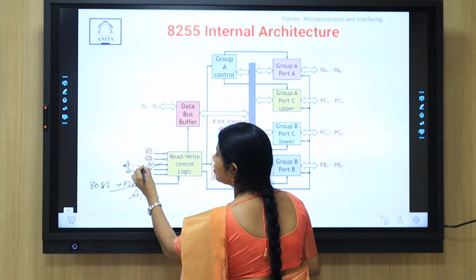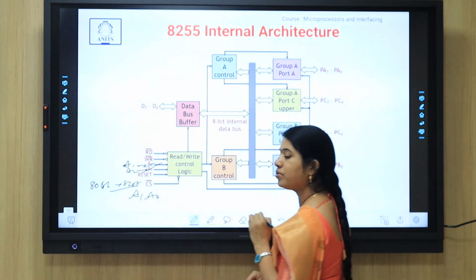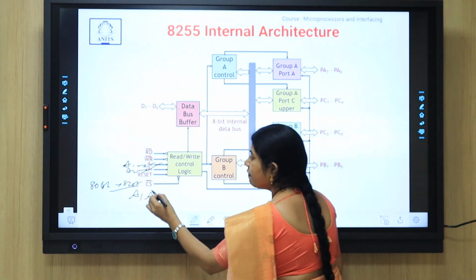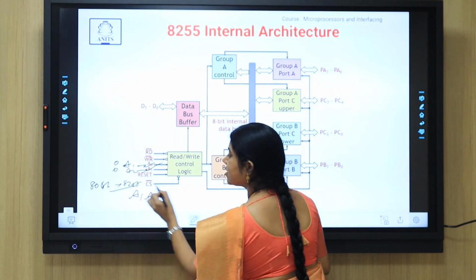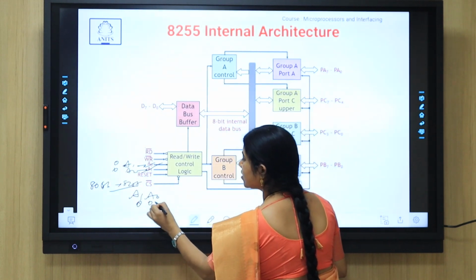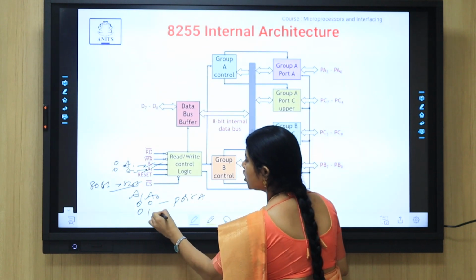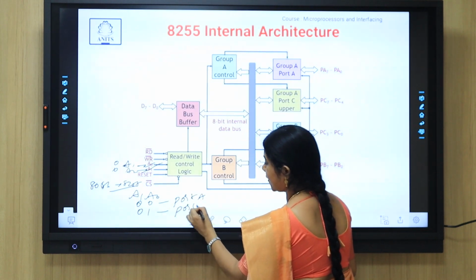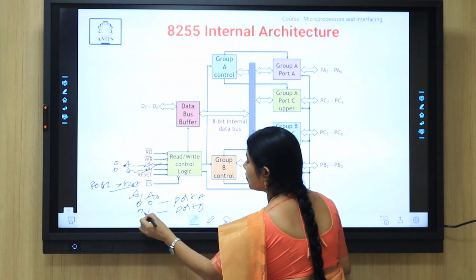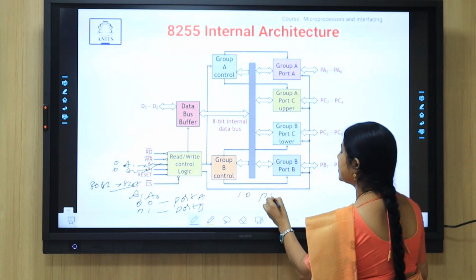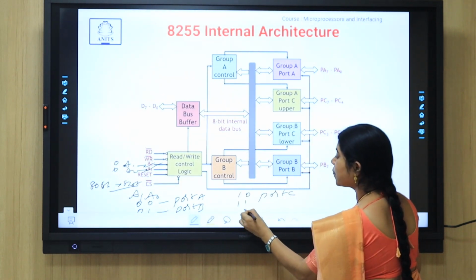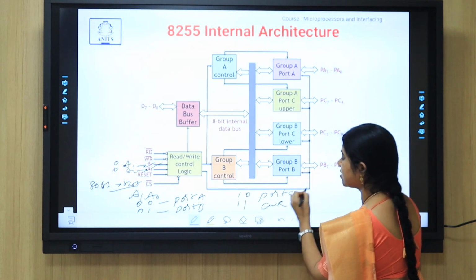A1 is connected to this A0 line and A2 is connected to this A1 line. Okay? If A2 and A1 are 0, 0, port A will be selected. When it is 0, 1, port B is selected. When it is 1, 0, port C will be selected. When it is 1, 1, control word register is selected.